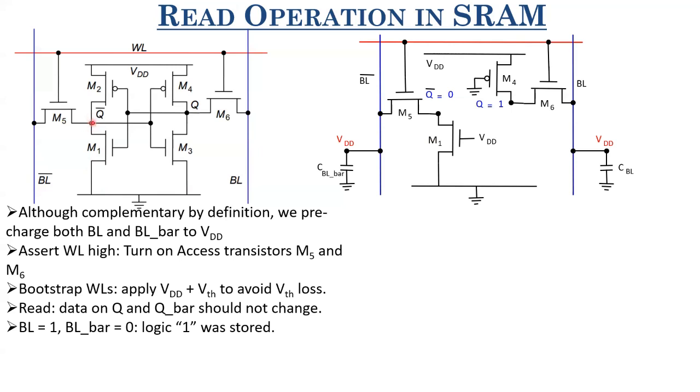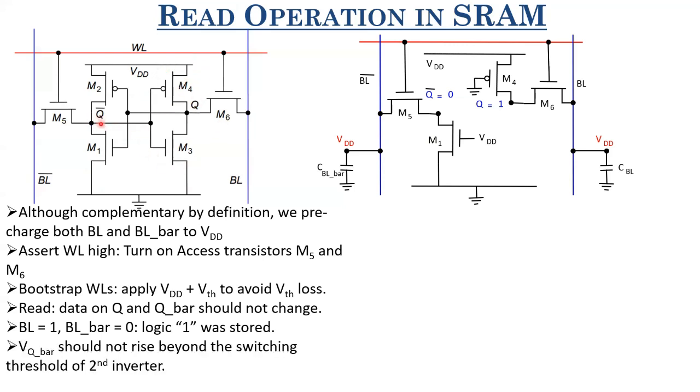If VQ bar, because of CBL bar pushing it towards VDD, somehow increases beyond the switching threshold VM of inverter 2, then the output becomes 0.